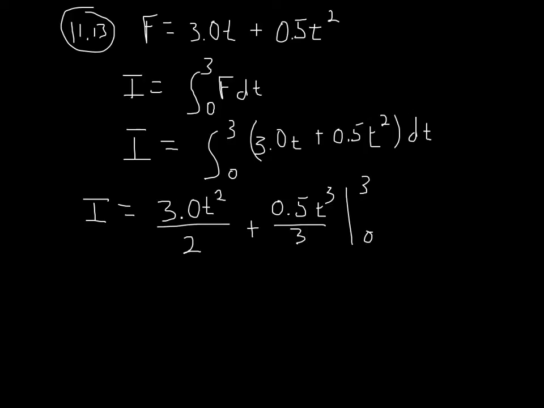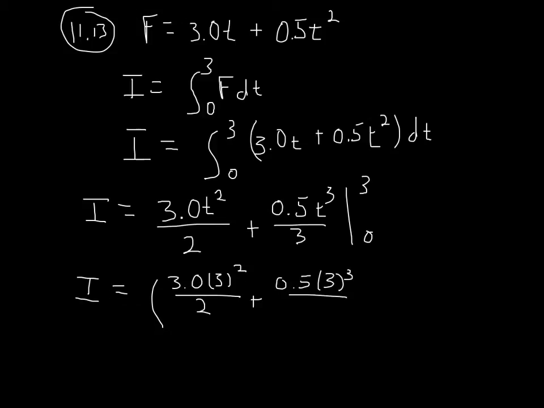Now I plug in my numbers, plug in my 0 and my 3 to find I is equal to 3.0 times 3 squared divided by 2 plus 0.5 times 3 cubed divided by 3, and subtract off what turns out to be 0 when you plug in your 0 for t.